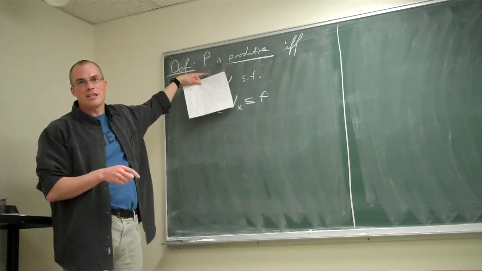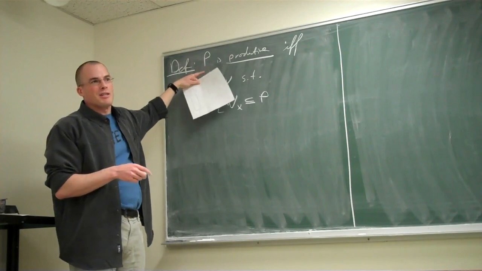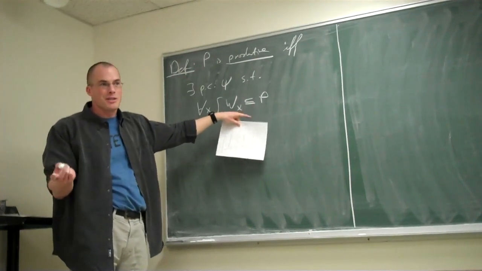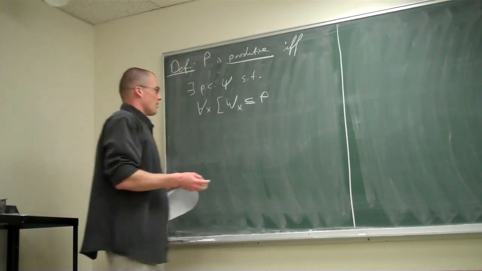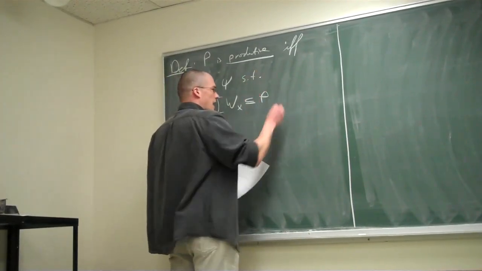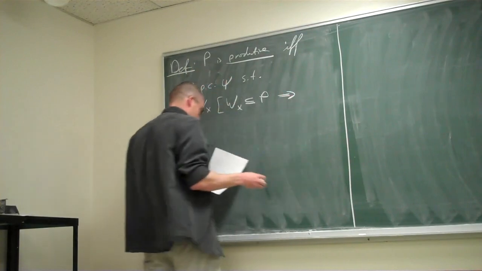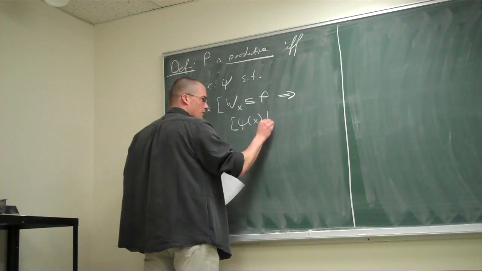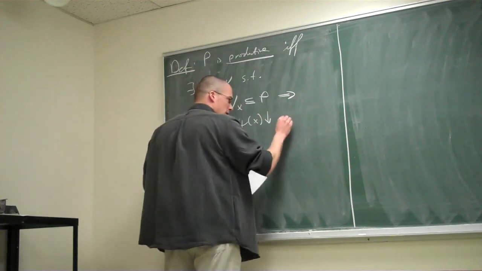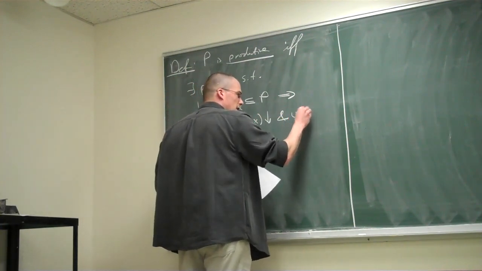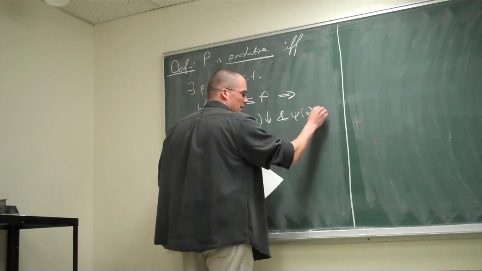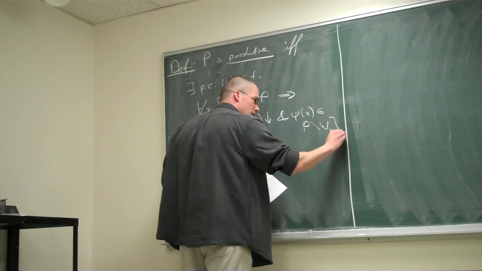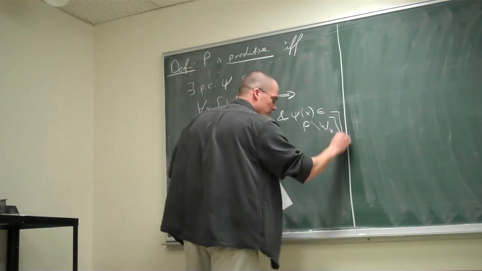I didn't restrict the complexity of P at all, but even if P is relatively simple, then this is still a requirement about the infinitely many numbers in general, and so complicated. But if this happens, then it is the case that psi of x converges and psi of x is in P minus Wx.